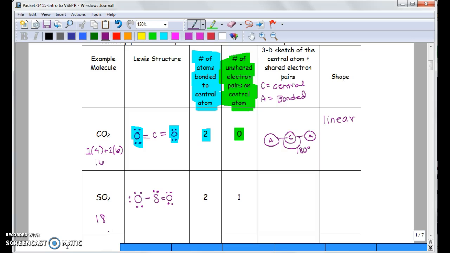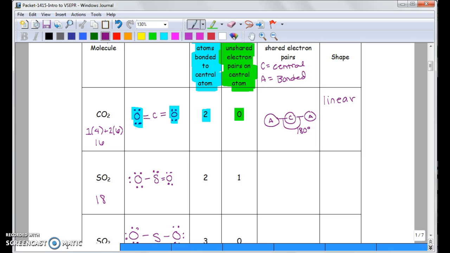So then we can look at another structure that is called bent. This structure actually has 2 bonded atoms, just like the linear, but this one has one pair of electrons on the central atom. And then we've got our 2 atoms bonded.